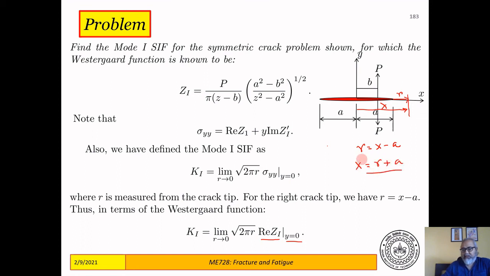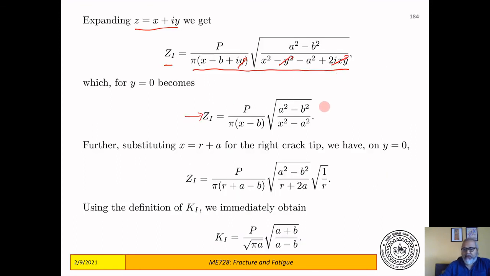So replace x with r plus a in this expression for y equal to 0, and this is what you will end up with. A little bit of manipulation is required here. It's very simple. You get 1 by r. Now remember, this is completely real, so the real part of Z1 is also this particular expression.